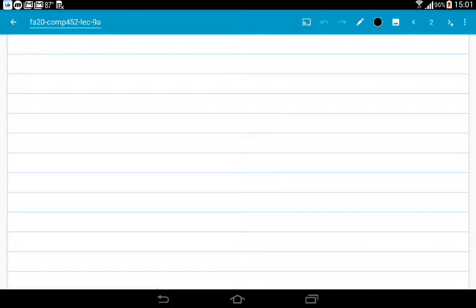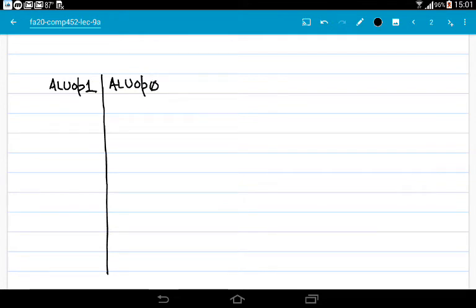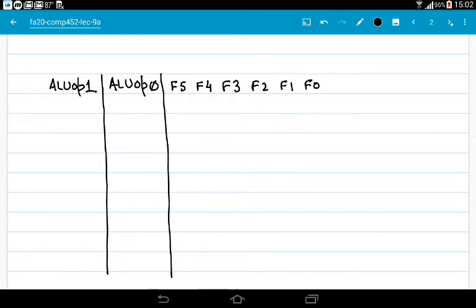Okay, now we have 8 inputs to our ALU controller, and those 8 inputs are ALU op1, ALU op0, and then we have 6 function code bits, F5, F4, F3, F2, F1 and F0.